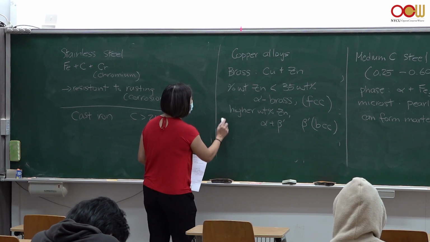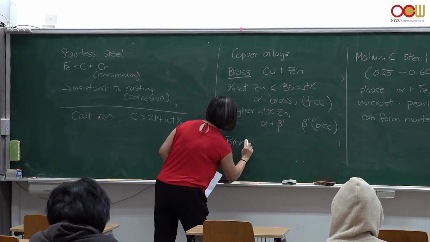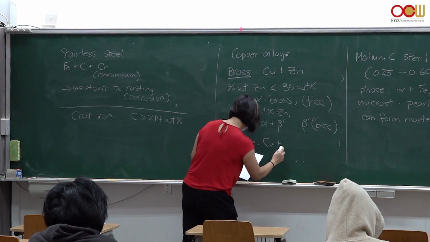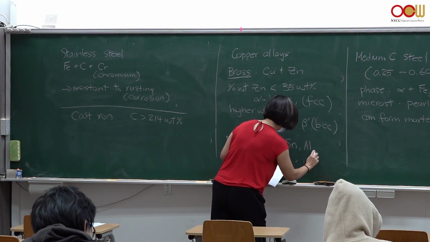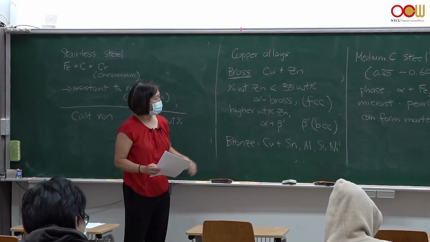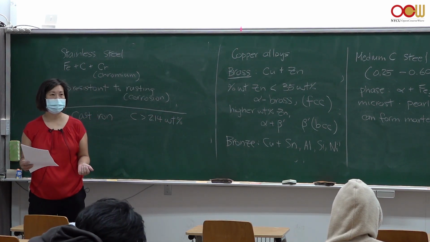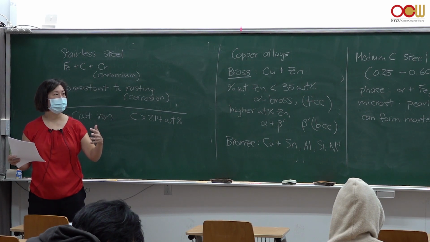Then you have bronze. That's also a copper alloy, and that's copper plus tin plus some aluminum, silicon, and nickel. Bronze will usually be stronger and harder than brass because you have more alloying elements, more defects or impurities.